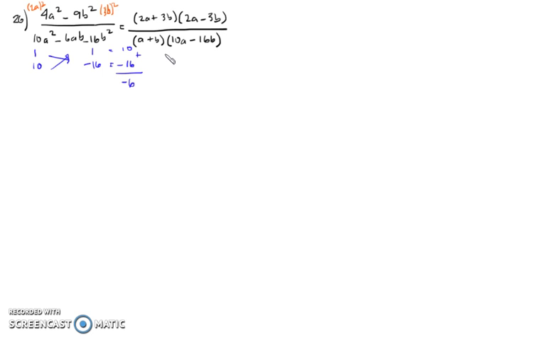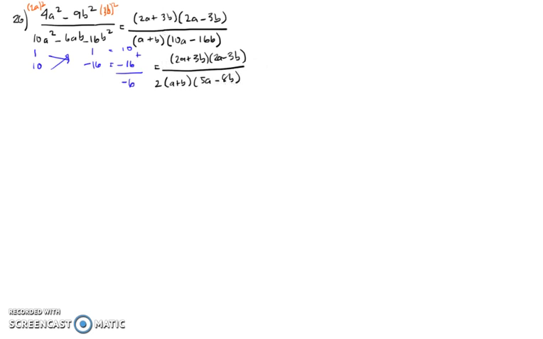If I look at the factors, I don't have anything to cancel out. But I think I could still reduce this by simply factoring out 2. So I'm going to rewrite this: 2a plus 3b, 2a minus 3b all over, factor out 2, that gives me 2 quantity a plus b, then 5a minus 8b.